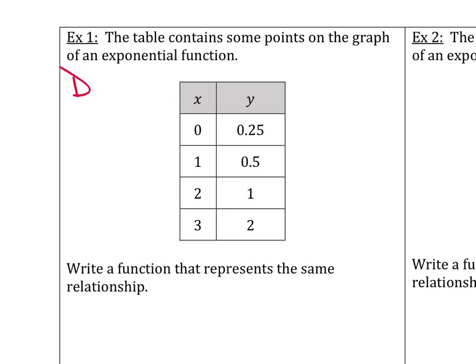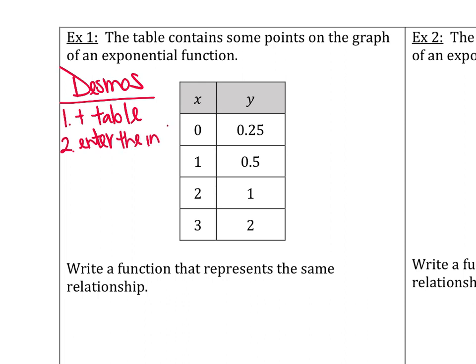In Desmos, what I want you to do is first create a table, then enter the information, then put in your regression formula, which is y1 squiggly a times b to the x1 power. All right, let's do it together.